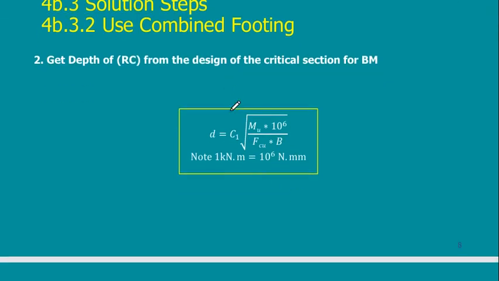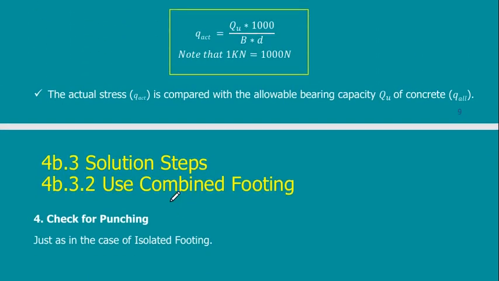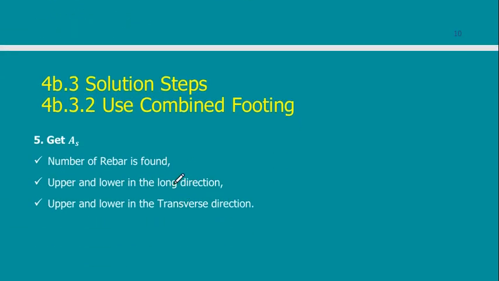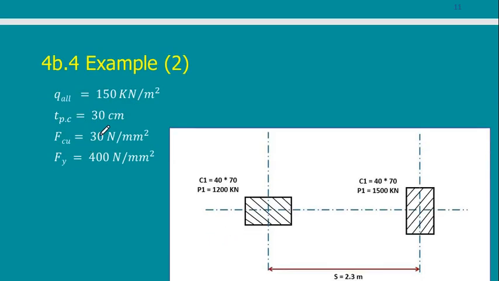So I now know the dimensions, then I need to check the depth. Once I check the depth, I check shear, and then I check punching, and when I find that the depth is safe in shear and punching, then I will get the area steel of the footing. Let's go to an example directly.